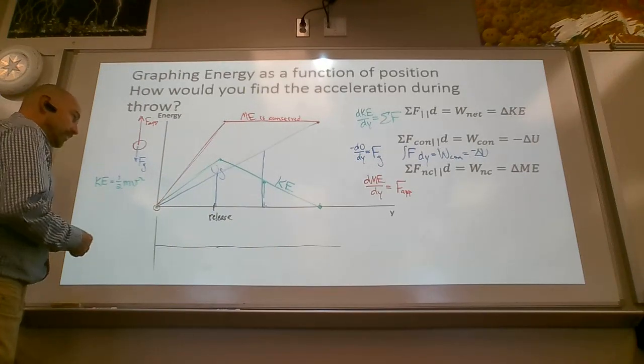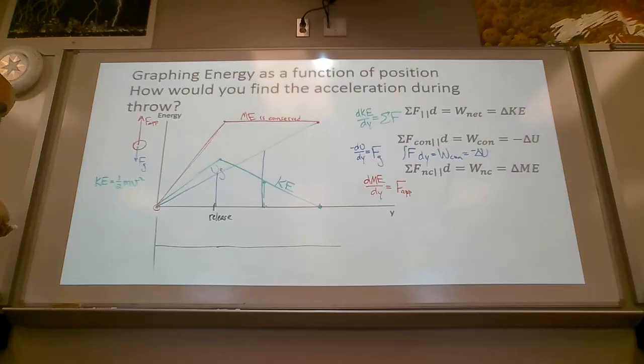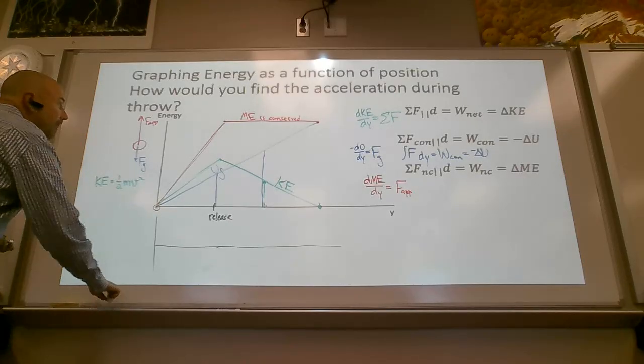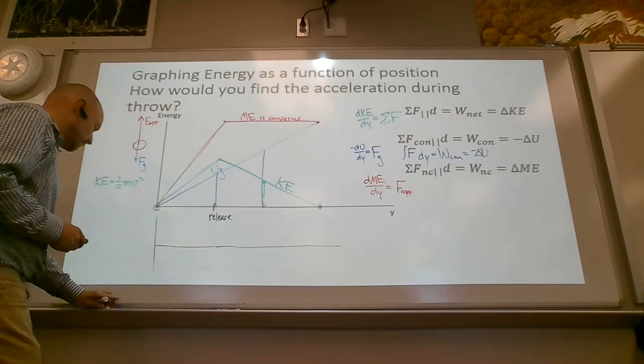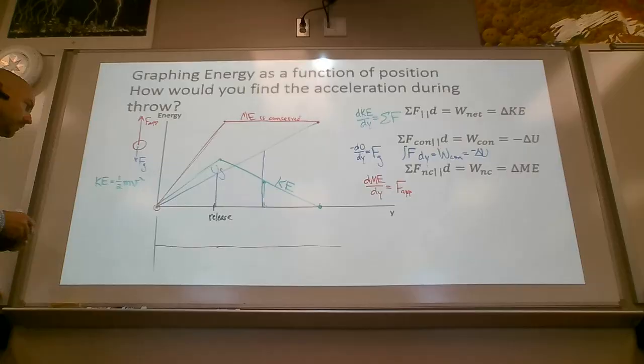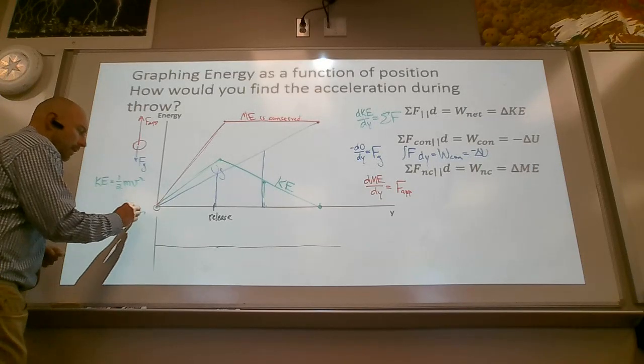If you're given mass, you just have the derivative of kinetic energy. If you're given mass, then it's net force divided by mass, but if you're not, by gravity. You have to make sure of the mass.